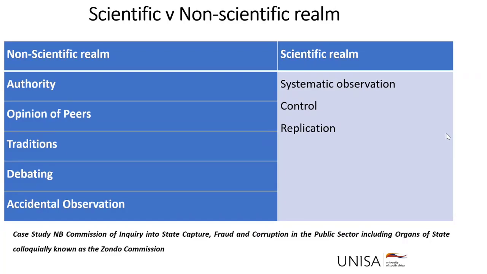We had an example of a case study that we were talking about earlier, and I just want to find out if you are still where you were when we started. The Commission of Inquiry into State Capture, Fraud, and Corruption in the Public Sector, including organs of state, which is colloquially known as the Zondo Commission.